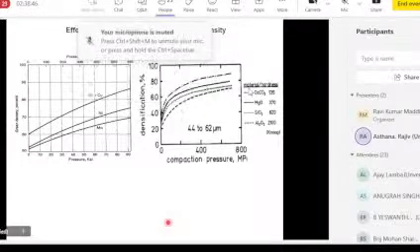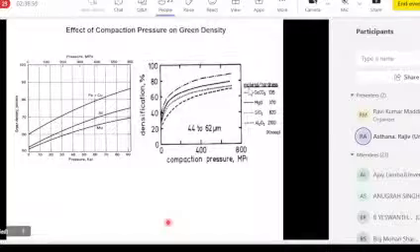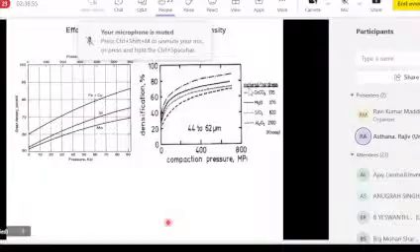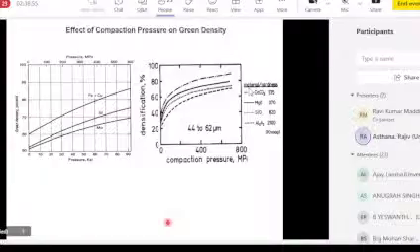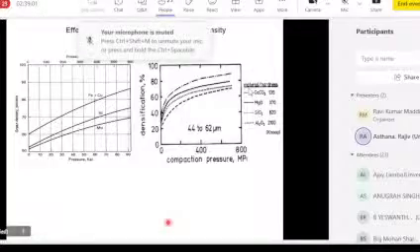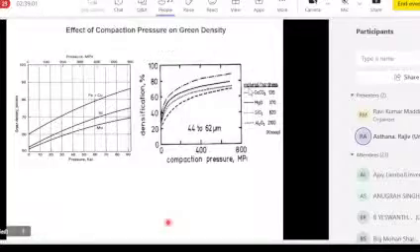These are the experimental graphs of density versus pressure for different materials: copper, nickel, moly. You can see that moly is harder than nickel, which is harder than iron and copper. So at a given pressure, you get less density in moly than in soft materials. We can make that out intuitively also.